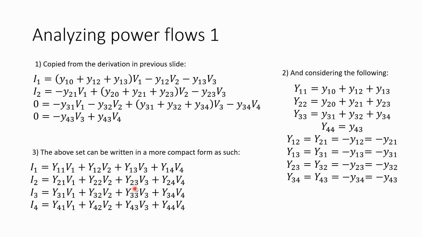Y23 and Y32, they are reflections of each other over the diagonal line as well. So this is what we call the off-diagonal elements, and the reflections of each of these off-diagonal elements have the same value with each other.